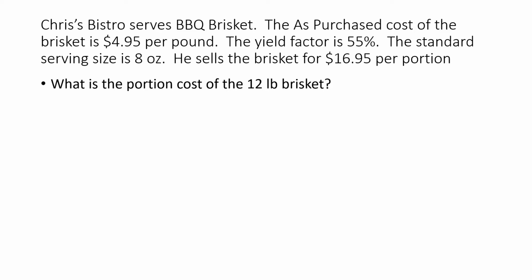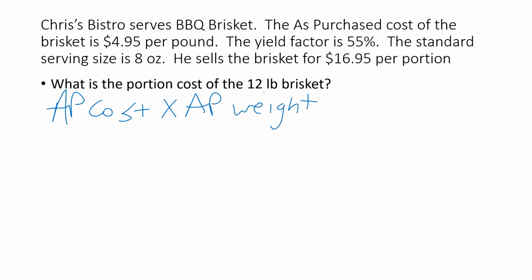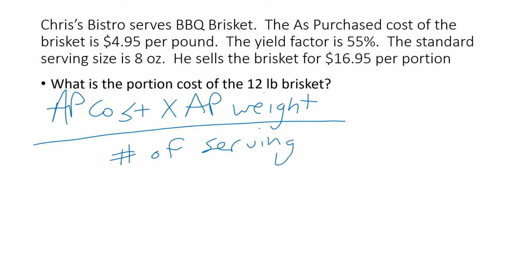Okay, so in word format, we take our as purchase cost times the as purchase weight divided by the number of servings. Okay, the as purchase cost times the as purchase weight divided by the number of servings.